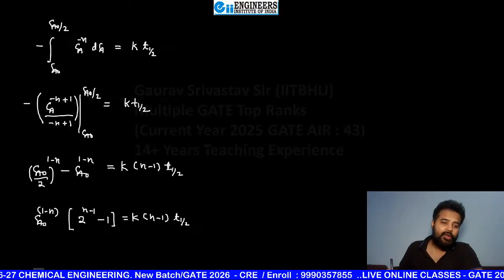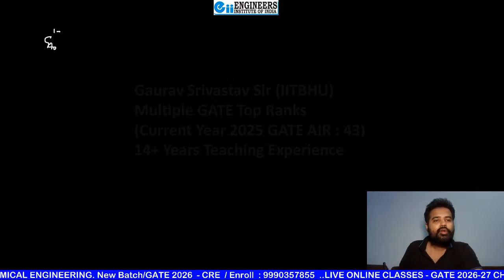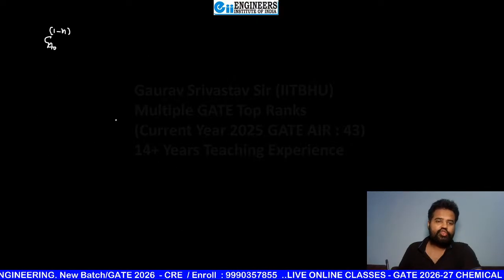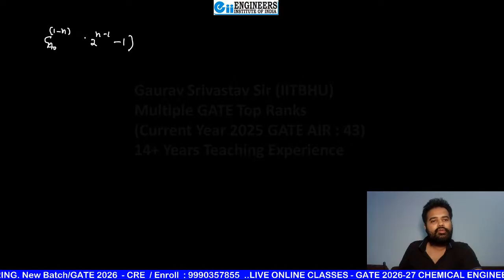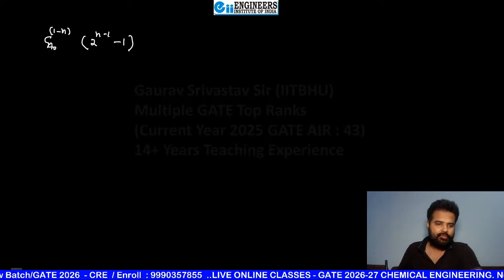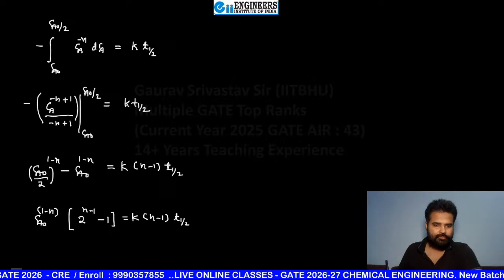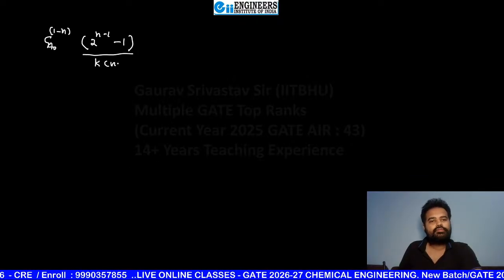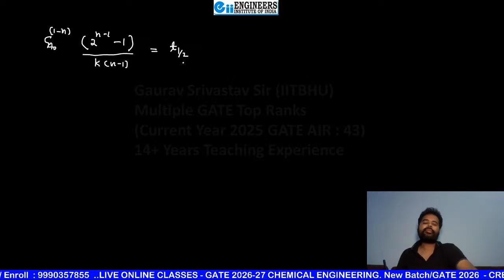Okay. Further moving, you can write Ca naught raised to power 1 minus n, 2 raised to power n minus 1 minus 1 and whole upon k n minus 1, and that equals to t half.